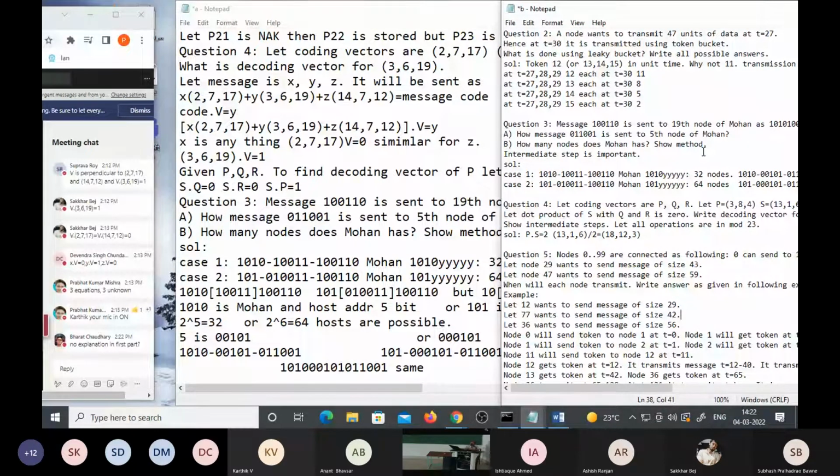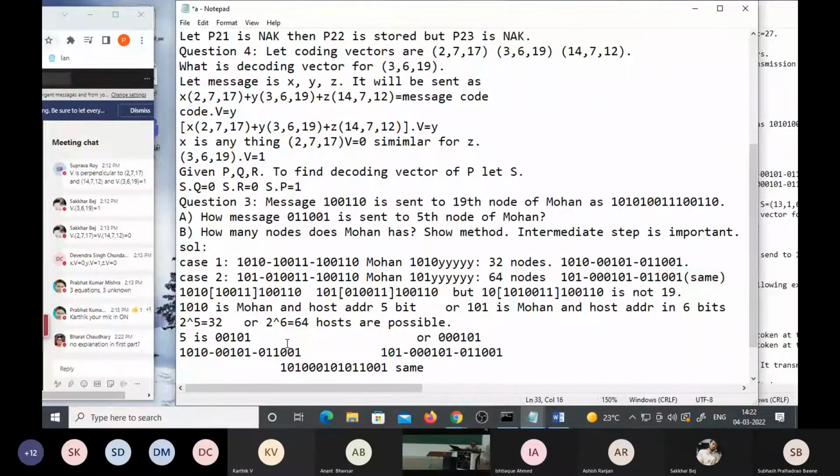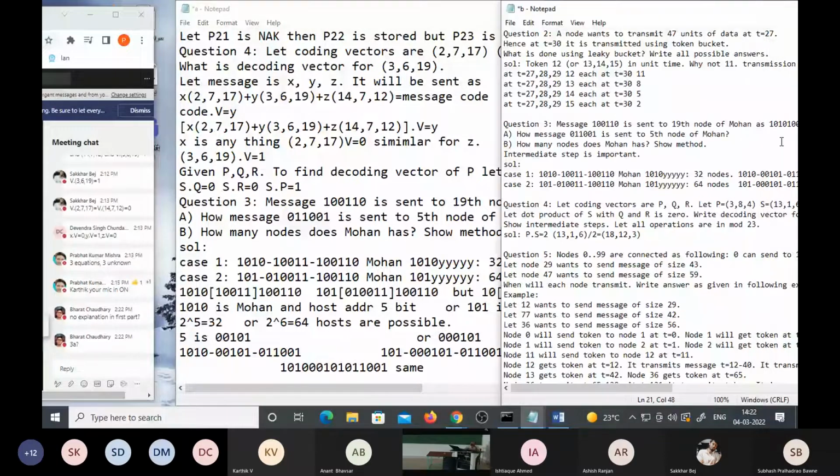Which first part? Bharat, which is the first part? Explanation is required in both the parts. You see, here also explanation is required. Here also explanation is required. The method is required. Why not? Method is required.